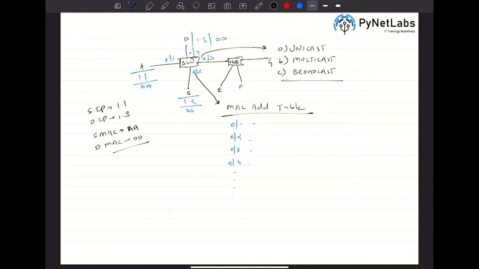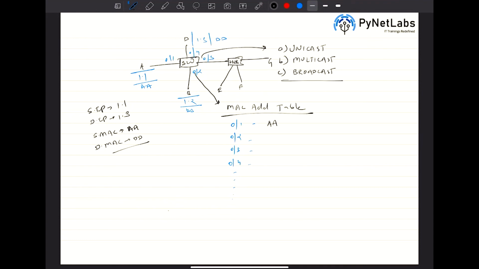Whenever 0/1 is being used, as soon as the switch receives traffic on the 0/1 interface, it looks into the source MAC address field and fills up the MAC address table, noting that 0/1 is connected to the MAC address AAAA.